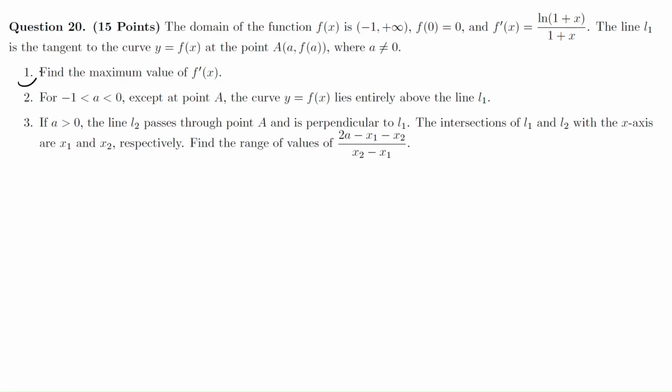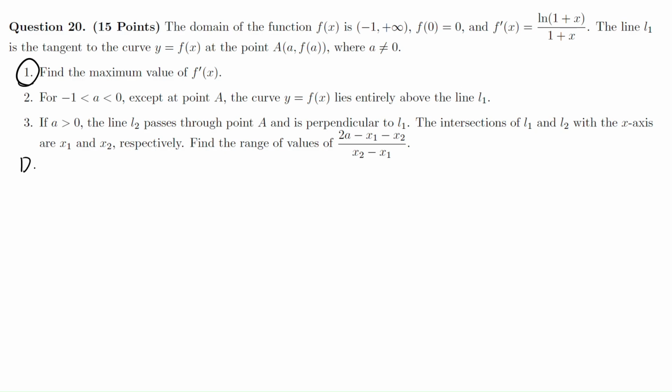Part 1: find the maximum value of f prime of x. As you can see, this problem treats f prime of x as a brand new function. Now we can denote it as g of x.